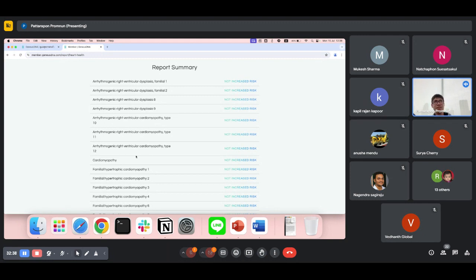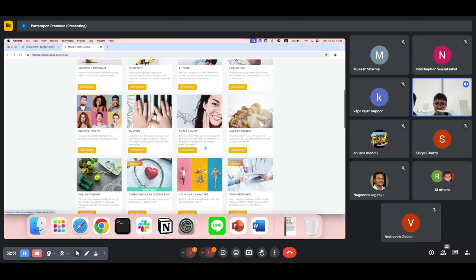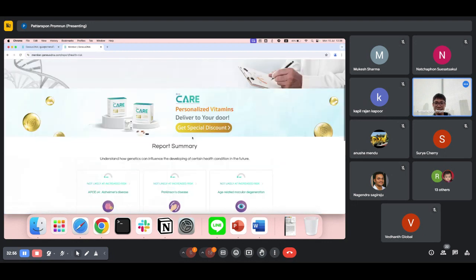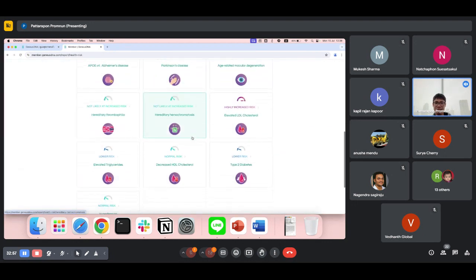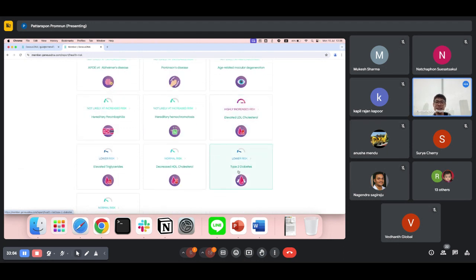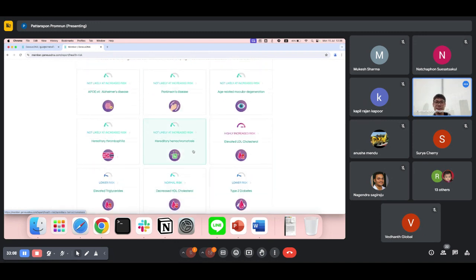This is maybe for medical service, for medical treatment, but the other general diseases are in the premium health risk. We also have general diseases like LDL level, HDL level, diabetes, hypertension, or Alzheimer.